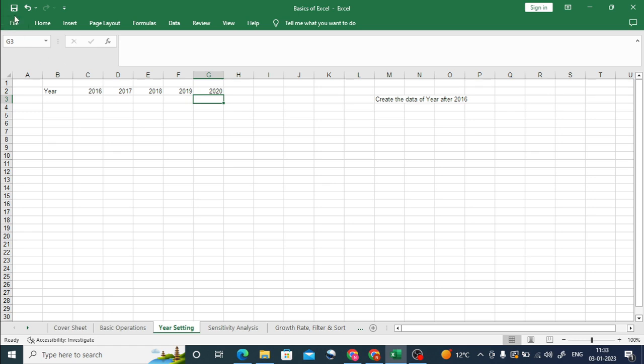But that is going to take a lot of time. So there is a shortcut method to it. Simply select is equal to and select both these cells, right? Now you go to the bottom of the D2 cell.